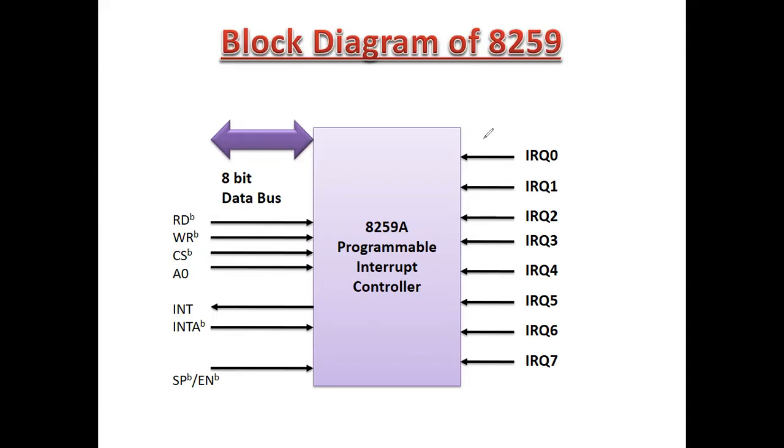In brief, there are different registers and units inside this IC which are responsible for the working of the 8259 programmable interrupt controller, such as the interrupt request register, priority encoder, priority register, in-service register, data bus buffer, read-write logic, interrupt mask register, and control logic.